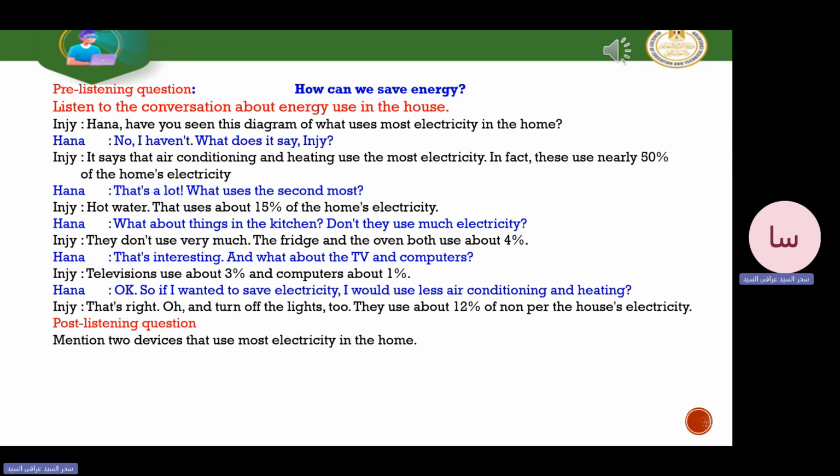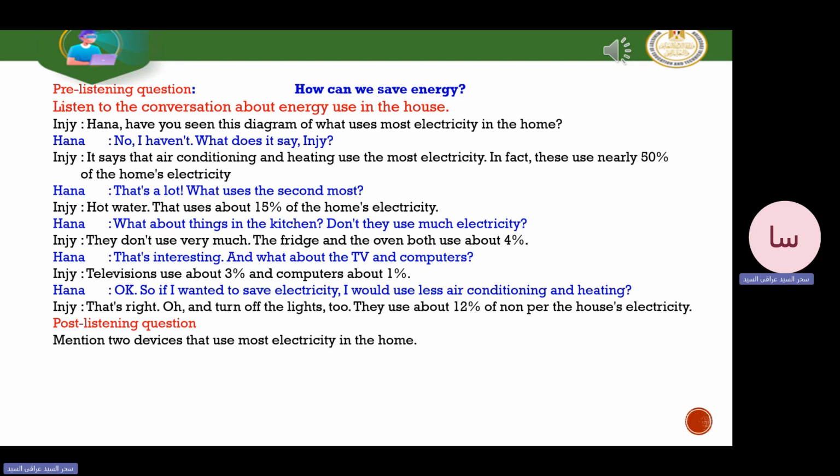Okay, so if I wanted to save electricity, I would use less air conditioning and heating. That's right. Oh, and turn off the lights too. They use about 12% of the house's electricity. Okay.